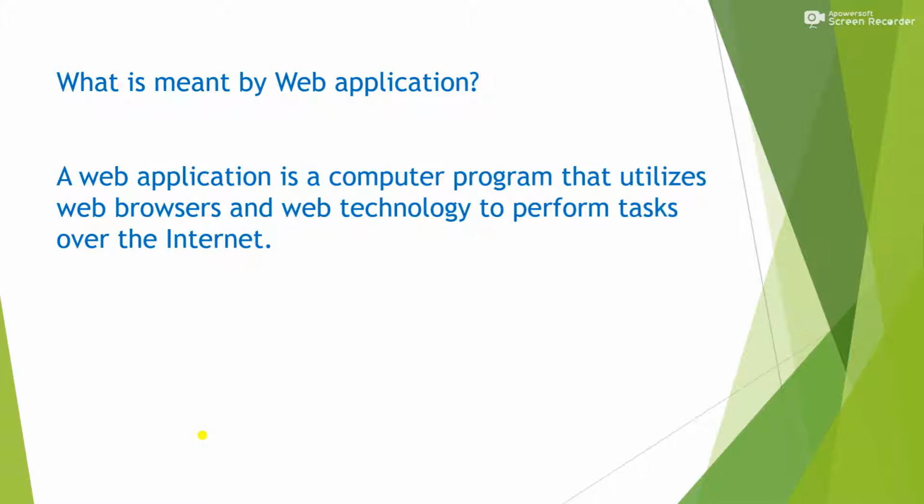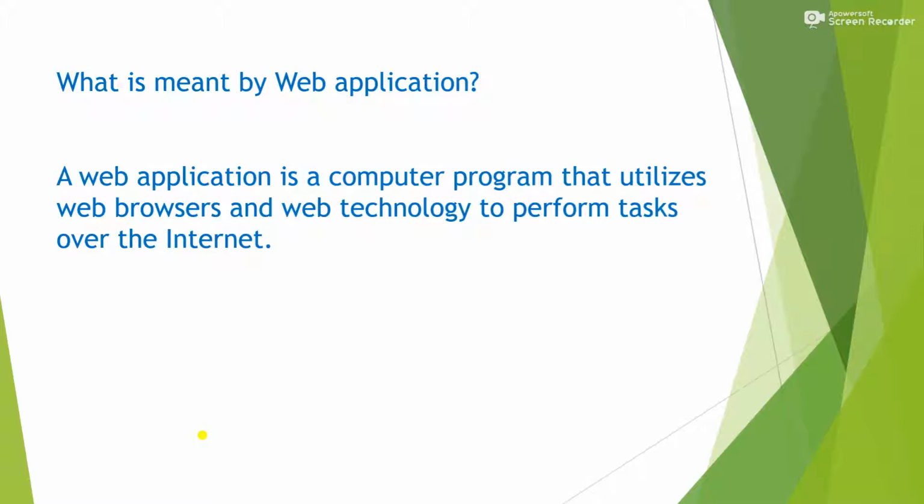So all of you know these are all web applications, right? With the help of web applications, nowadays we communicate with others and share our ideas and views. So web applications are computer programs that utilize web browsers.